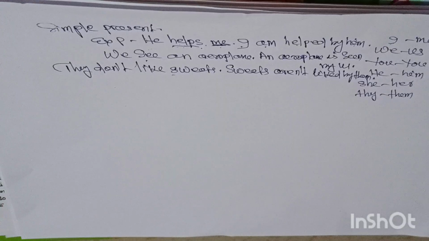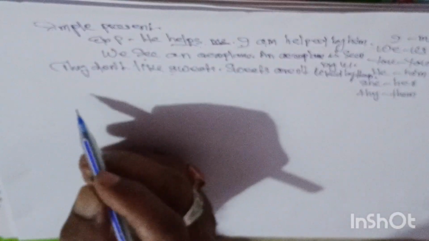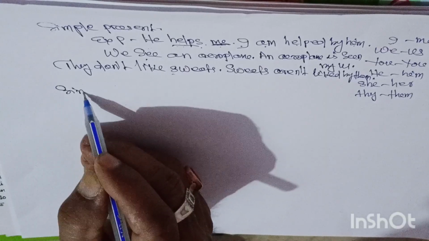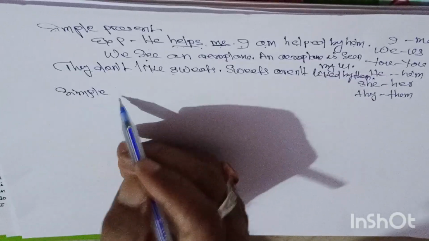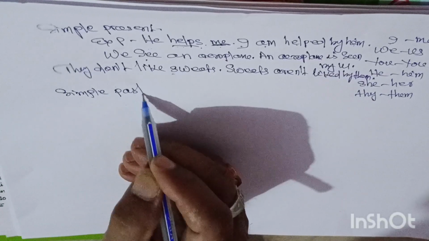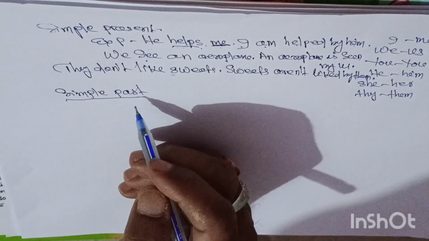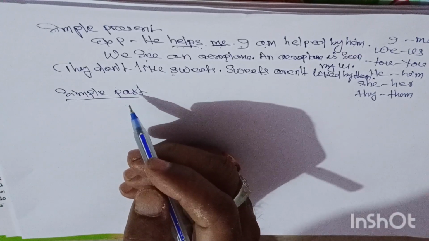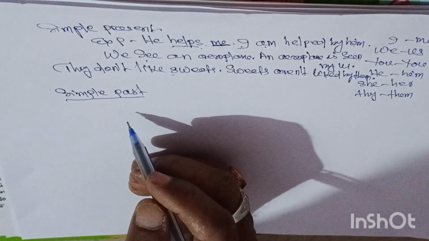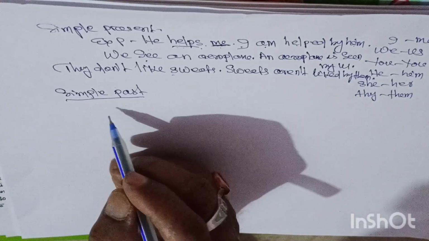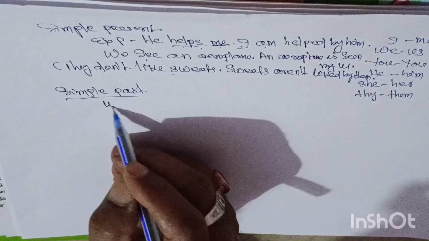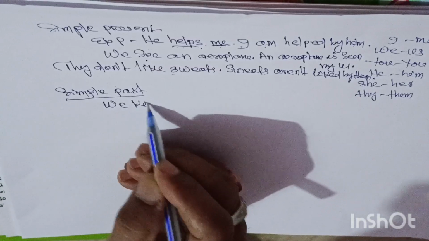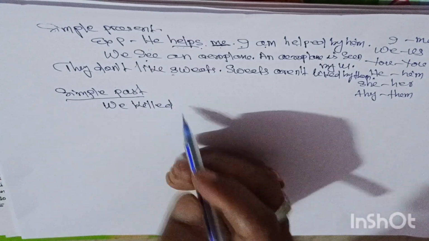That is the simple present. Then simple past. How to change when the active voice is in simple past. I have given some examples of the simple past. The first example is we killed a cobra.